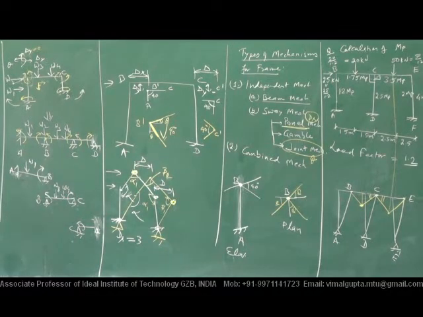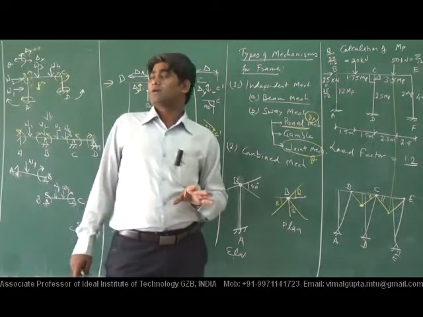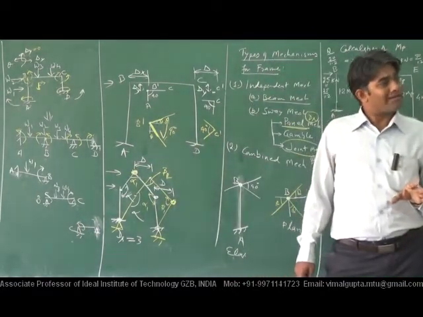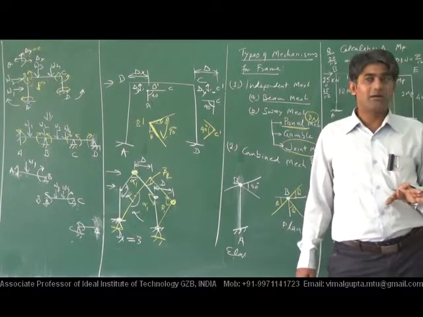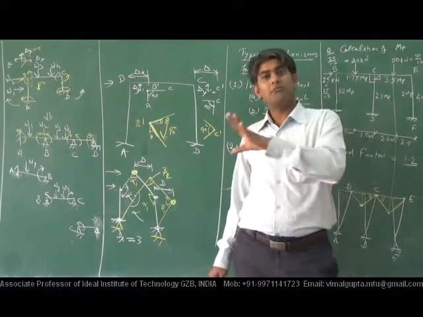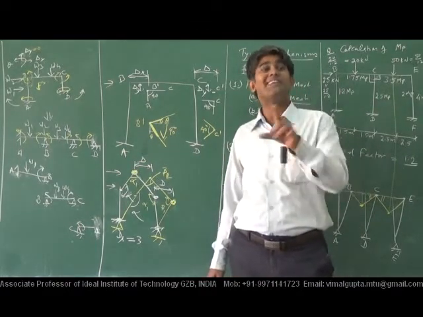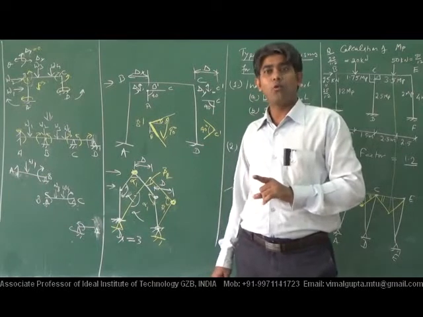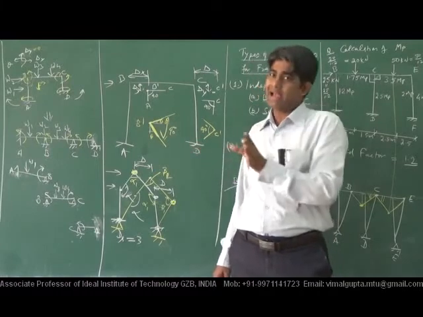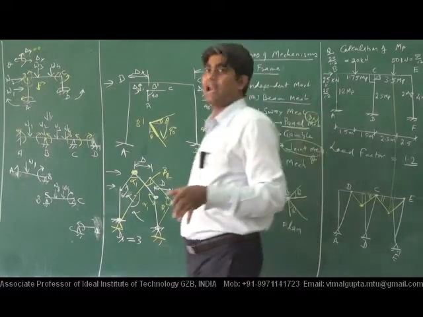Keep in mind the number of plastic hinges required to form for the collapse will not be exceeded by ds plus 1. We will consider combination of beam as well as column both.